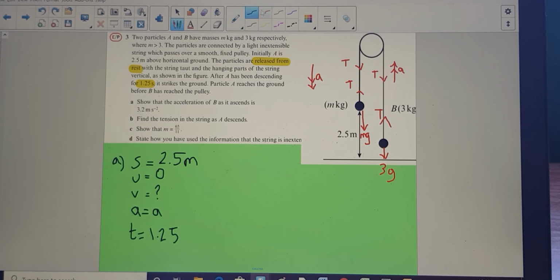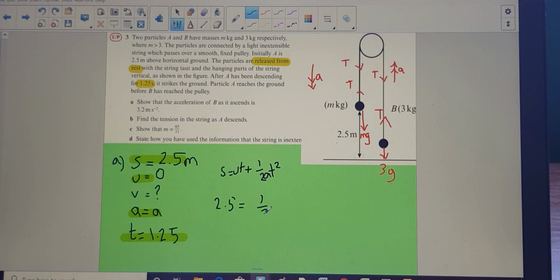Right, what things have I got? I have S, U, I want A, and I have T. Nothing to do with V. The suvat formula I want is S equals UT plus a half AT squared. Fill in what I've got. I know that S equals 2.5. I know the initial velocity is 0, therefore 0 times t is just going to get rid of this bit.